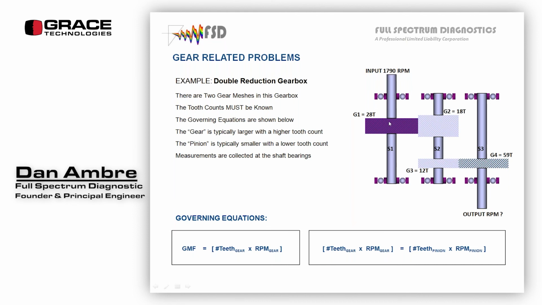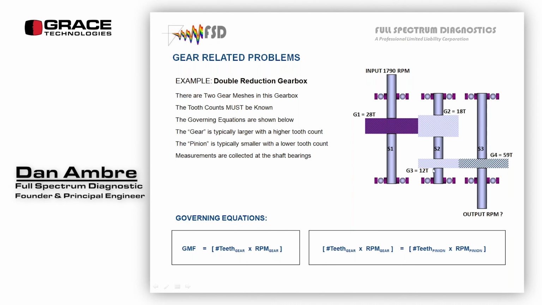Input speed, whatever the speed of the shaft S1 is, times 28, and I get my gear mesh frequency. Since these 2 gears are touching, they share a gear mesh. And I know all the gear teeth. Input's got 28, the intermediate has 18 and 12, and the output has 59.